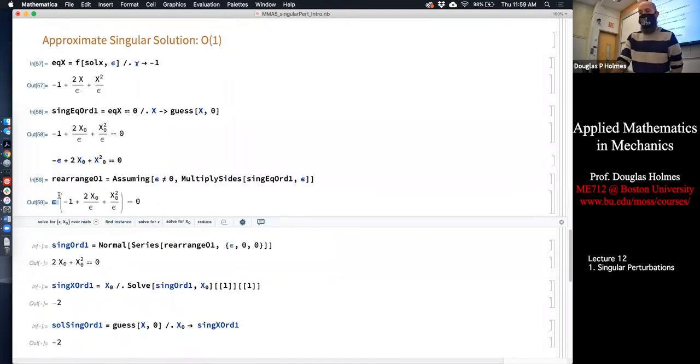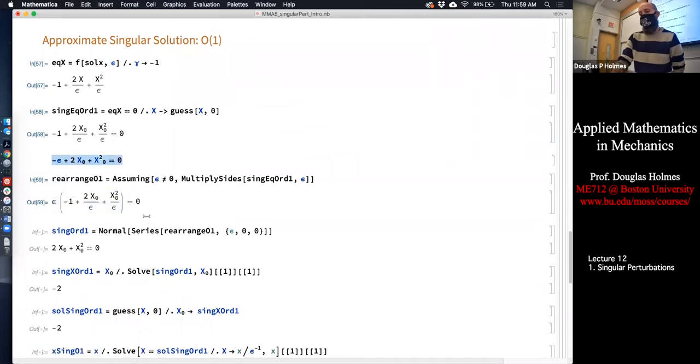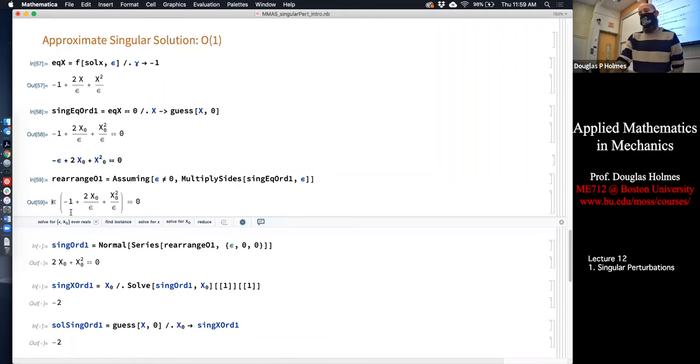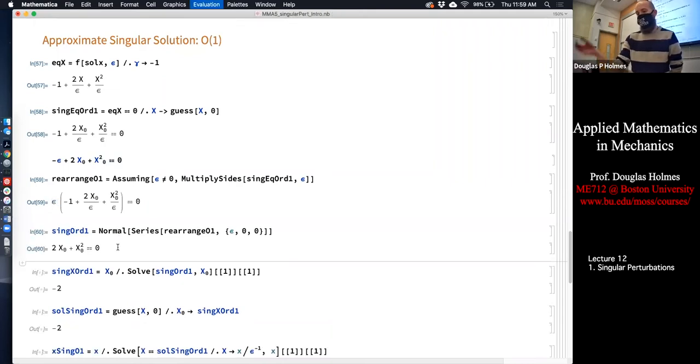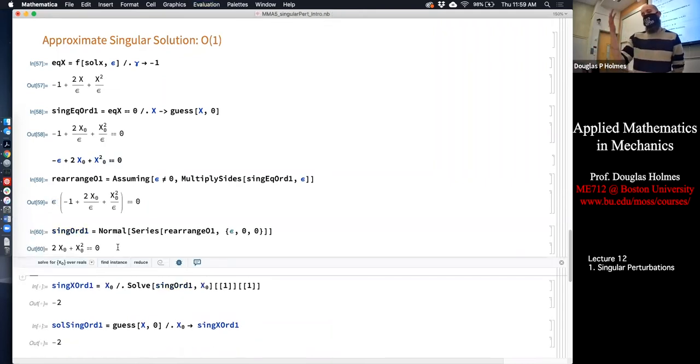So multiplying it to make it into this form allows you to just simply do what we always do, which is do a series expansion so that we make sure we only retain terms of epsilon to the 0. And then we have a very simple equation to solve.